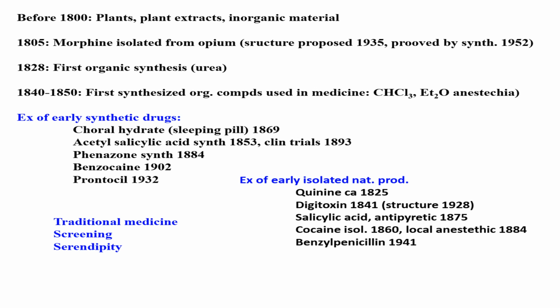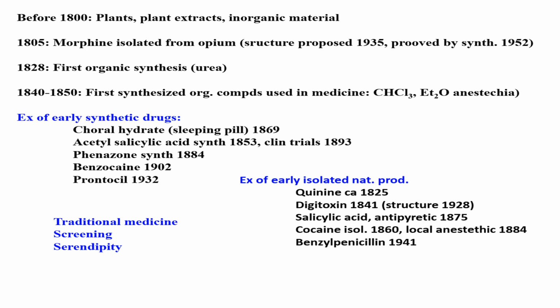Examples of early synthetic drugs include chloral hydrate, which can be given as a sleeping pill or sleep-inducing drug, and acetylsalicylic acid or aspirin, which can be used as an analgesic drug. It was synthesized in 1853. The clinical trial started for this drug in 1893, 40 years later.